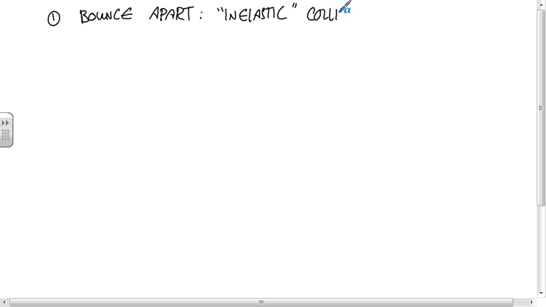So the things that bounce apart, those kind of collisions are called inelastic collisions. No, I'm sorry, let me change this.